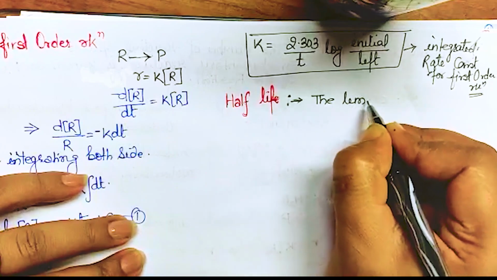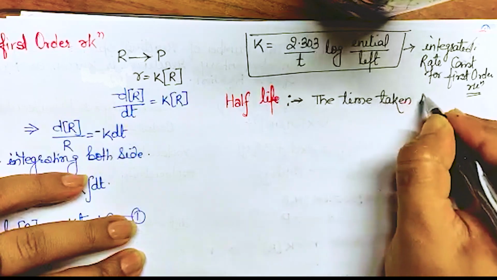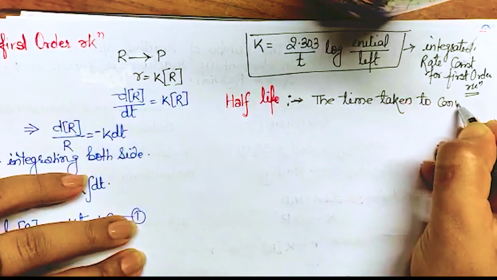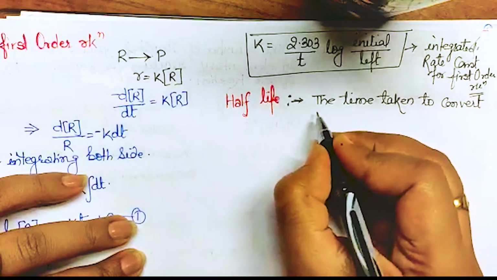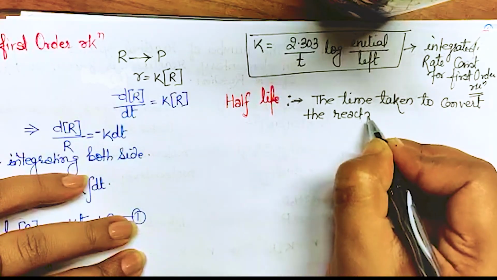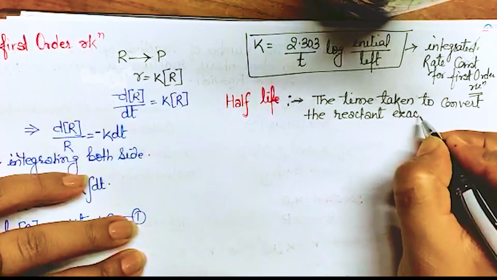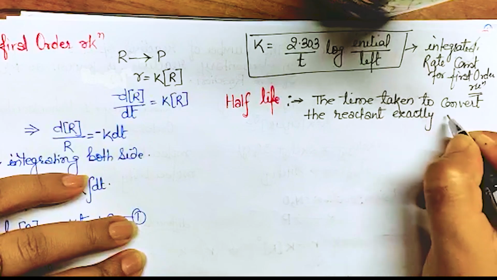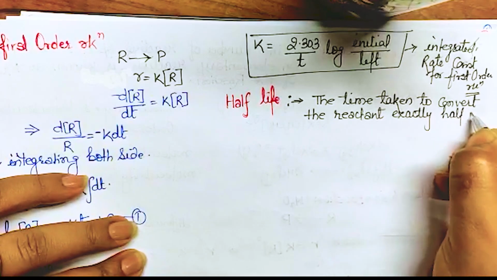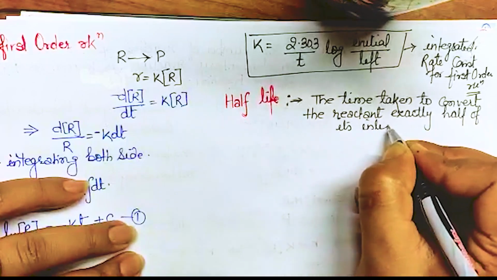The time taken to convert the reactant exactly half of its initial concentration.